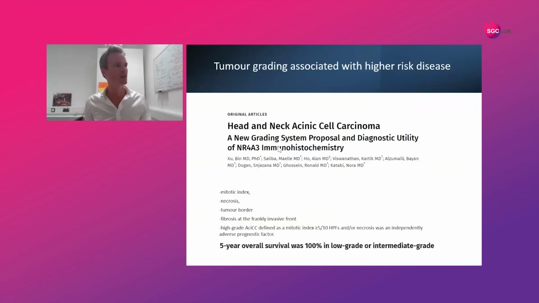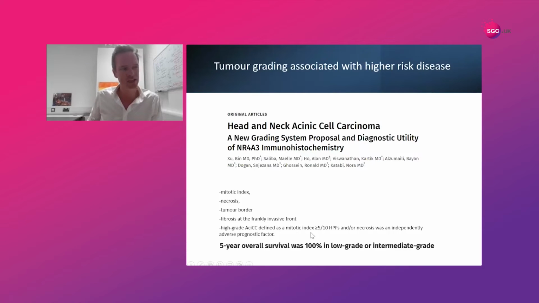And then there was another paper very recently, in the last couple of years, in acinic cell carcinoma where they did the same thing. They came up with their own way of grading, and they defined their cohort based on these things I've just described: mitotic index, necrosis, border, fibrosis, as high grade.